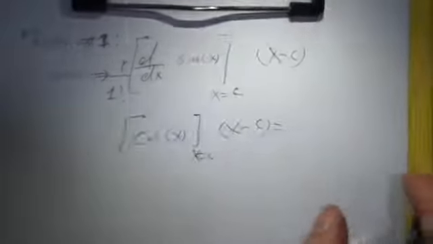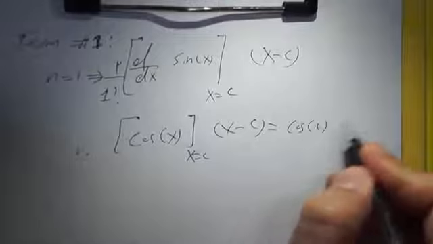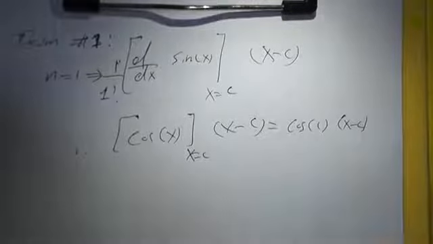Substituting c, we have cosine c times (x minus c).